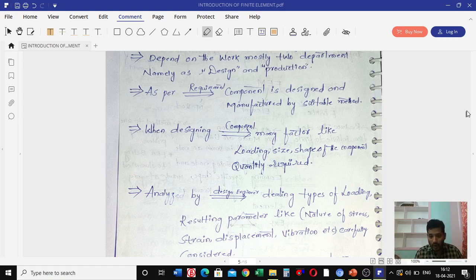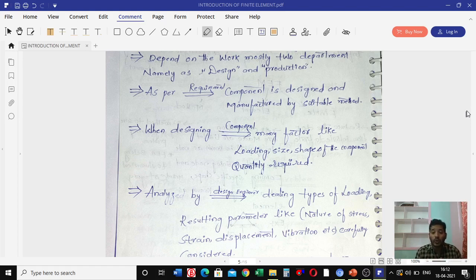And if the shaft or any component is rotating, will it produce vibrations or not? If it produces vibration, it can affect human beings.